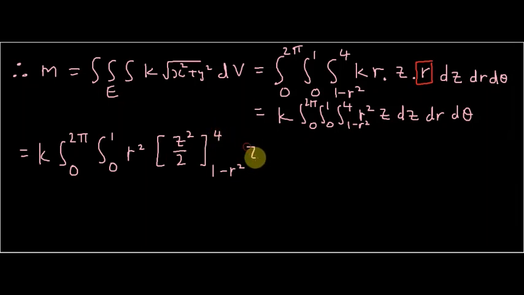And we still have dr d theta. Now, I won't go right to the end here, but if you continue evaluating this integral, we end up with 12 pi k over 5 for the mass, where k is just a constant.